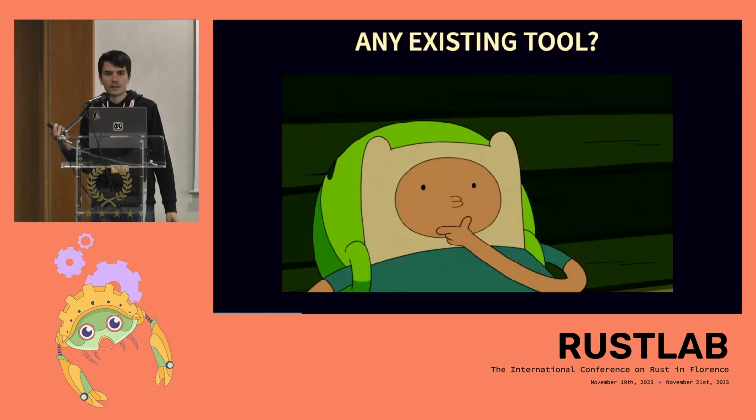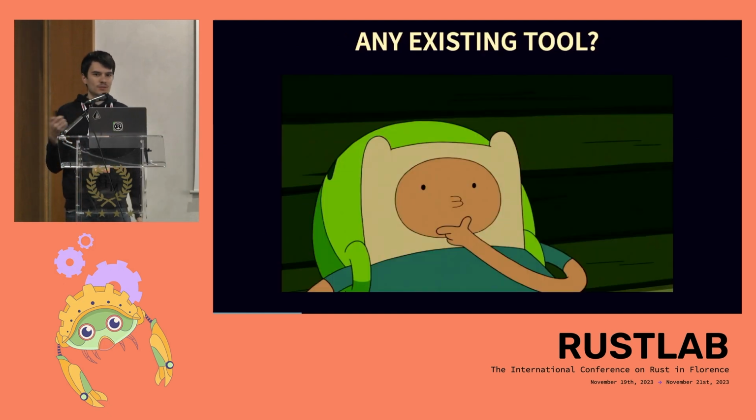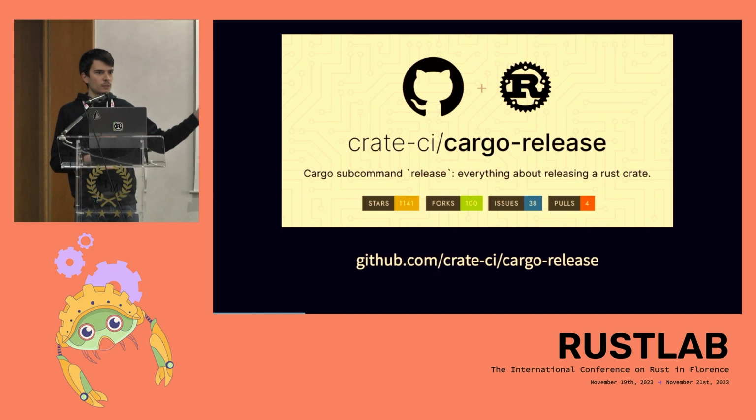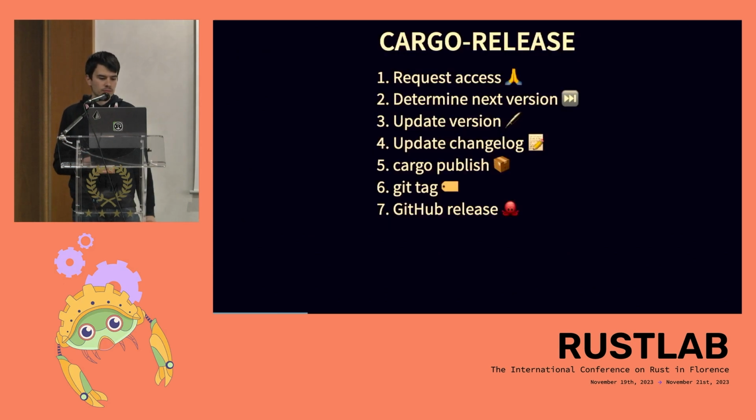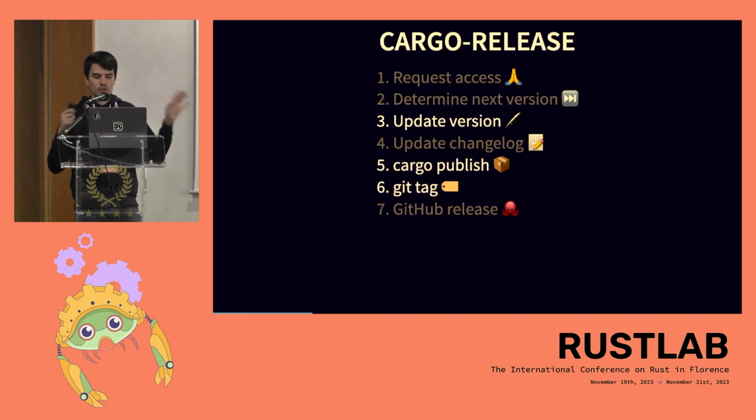So when I started thinking about this problem, I wondered, are there any existing tools that solve this? And the most famous one is Cargo Release, which is a great tool. We use that at the company. And among these things that you need to do, in my opinion, it automates this one.